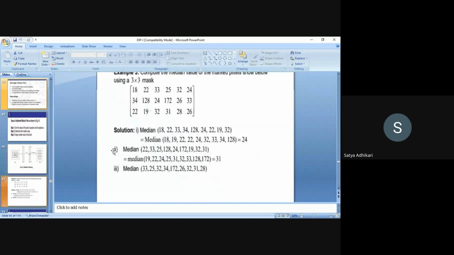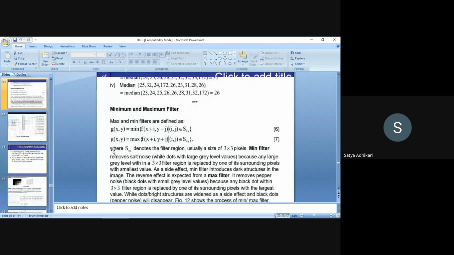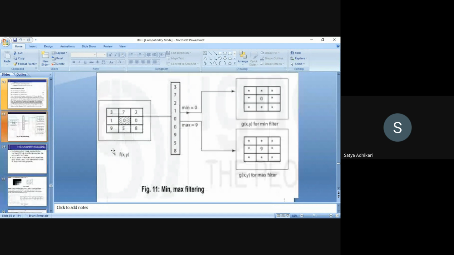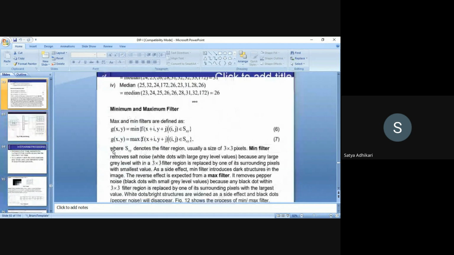And this is another example we have already discussed. But besides that, there are two other types of filters, the minimum filter and the maximum filter. Please recall, the minimum filter removes salt noise, as the name suggests. In the minimum filter, any large value at that position will be replaced by the minimum value among its neighbors.